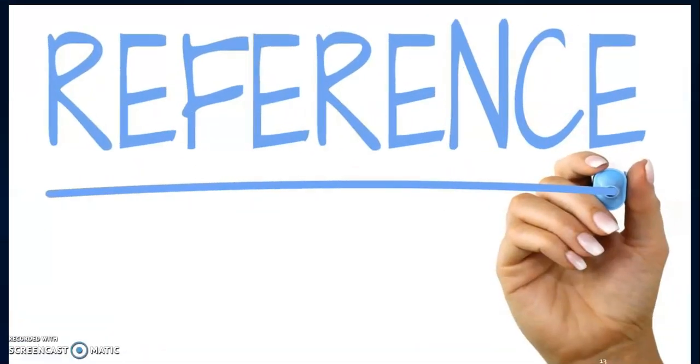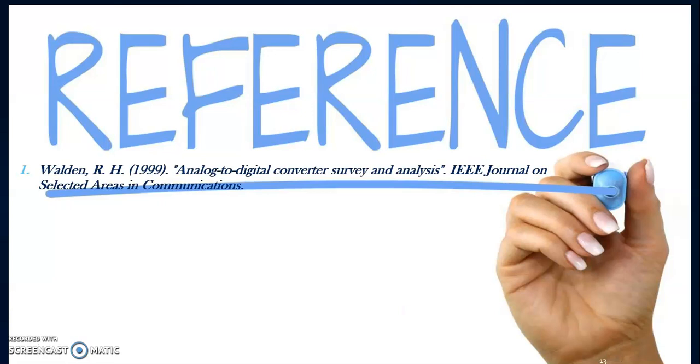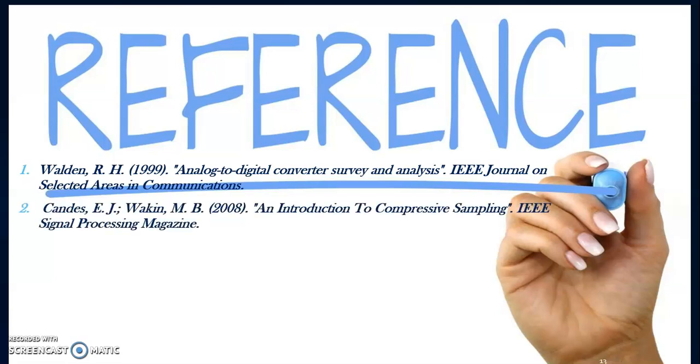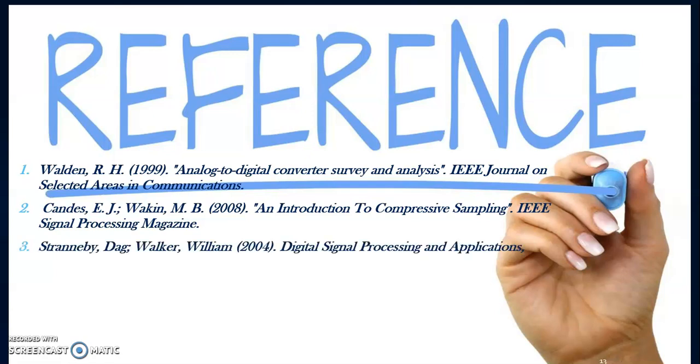And now I'm talking about references. We can read Walden R.H., Analog-to-Digital Converter Survey and Analysis. It's a good book. Candy J.C., Temes G.C., Oversampling Methods for A/D and D/A Conversion. Stanley, Digital Signal Processing Applications.